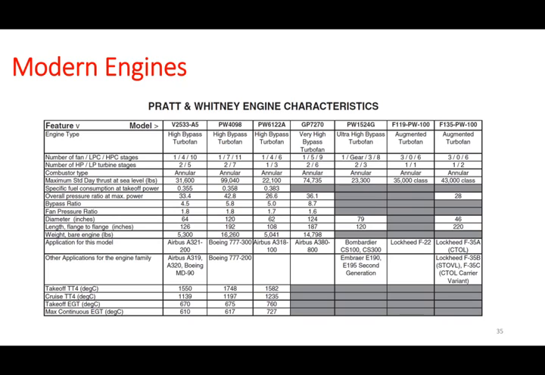This is a table they're going to give you of the engines they have in stock, for example. You have the engine types. You always get the number of fans, low pressure compressor, high pressure compressor stages, also the low pressure and high pressure turbine stages, combustor types, a lot of other ratios. The weight of the engine is very important, and a lot of other parameters.